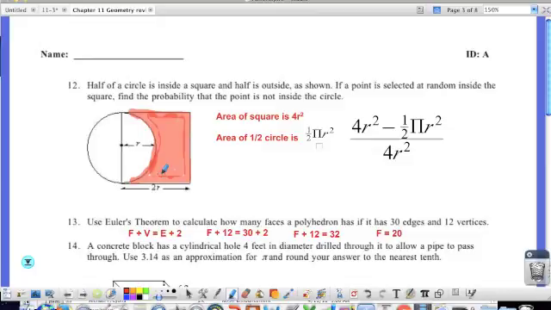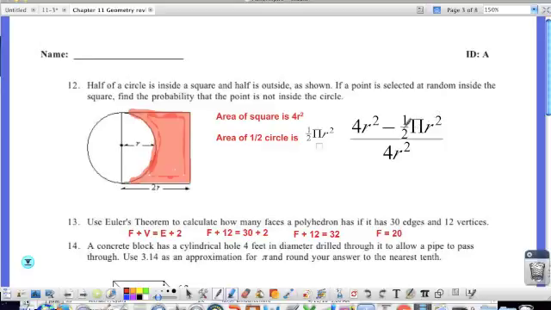So for instance, to get the area of the square, you would multiply 2r times 2r, that's 4r squared. That's the area of the square. Then to find the area of the red space, you would take the area of the square, again 4r squared, and subtract from that 1/2 of pi r squared, because the radius here is just r, so radius squared would be r squared, times pi times 1/2.